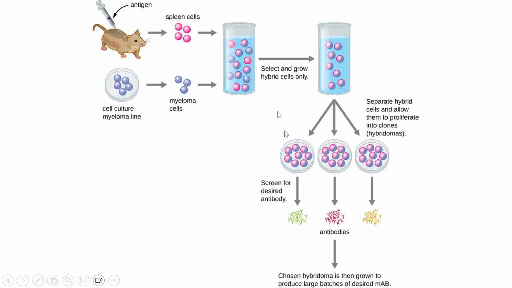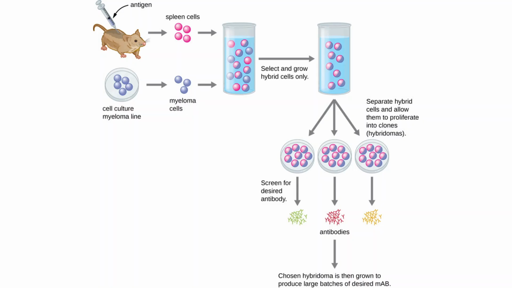The cells that are not fused, only spleen cells or only myeloma cells, are selected out in the selection media, and once we have the fused cells, from them we can pick single cells and see which cell is producing the antibodies with higher titer and desired function. Then we can purify the antibody using any of the chromatographic techniques that we have discussed.